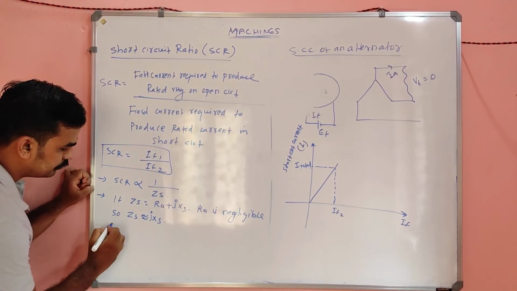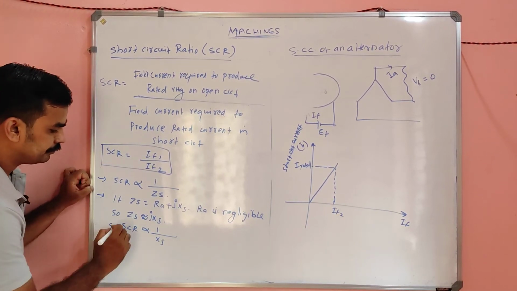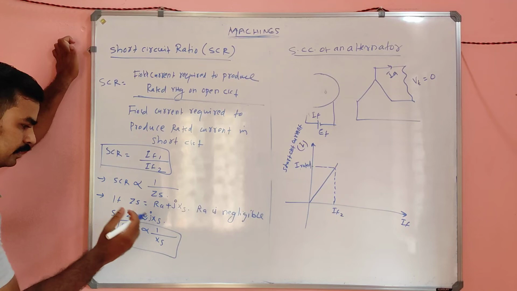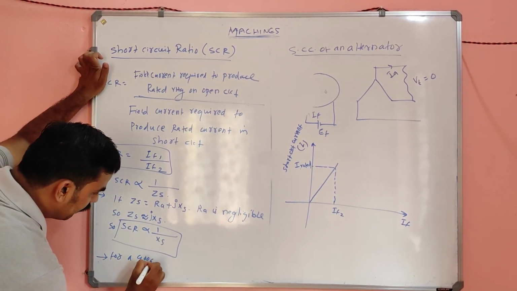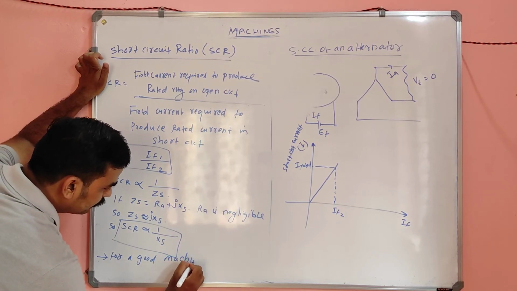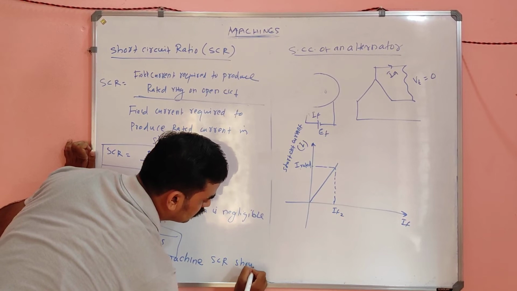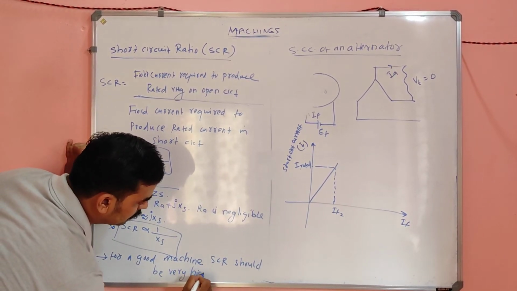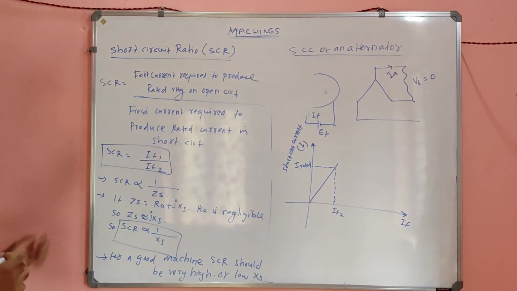So SCR will be inversely proportional to 1 by XS. This is very important. For a good machine, SCR should be very high, or XS low.